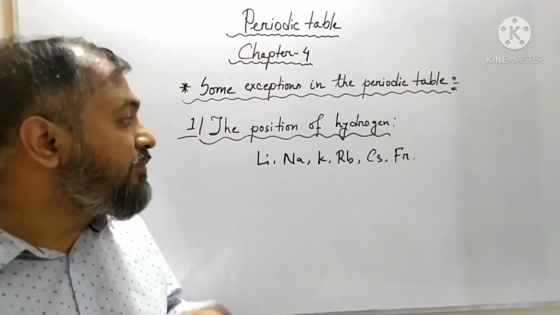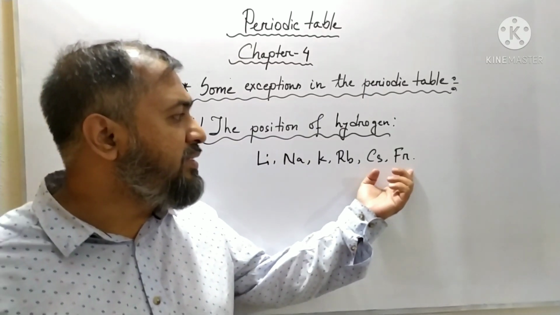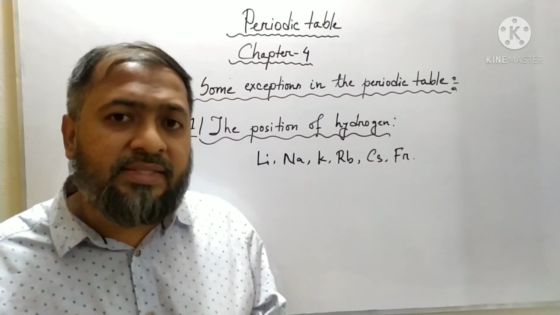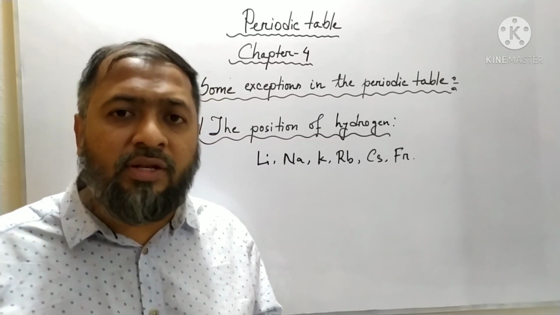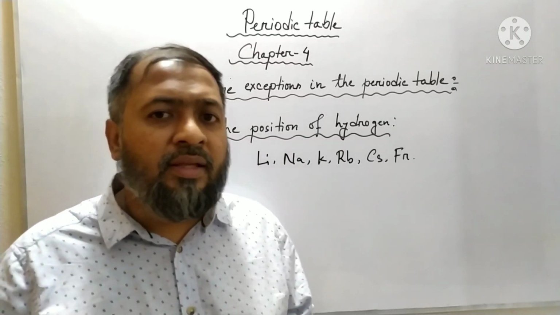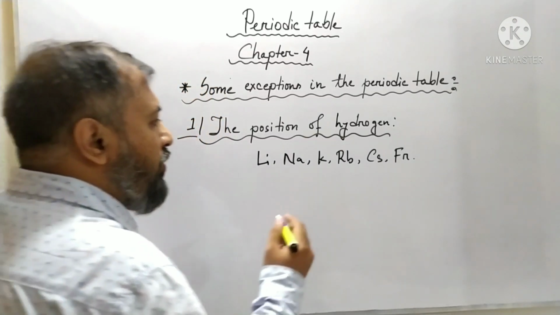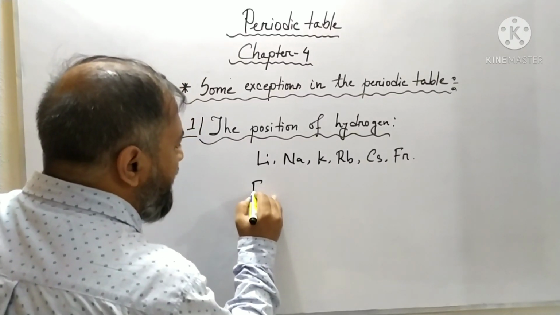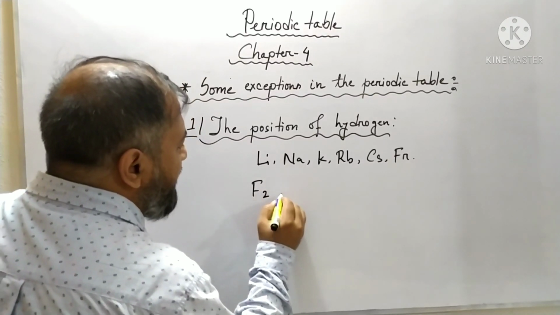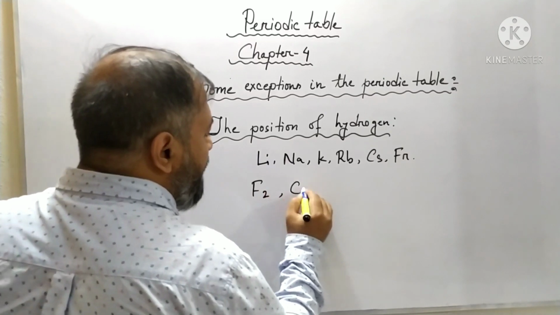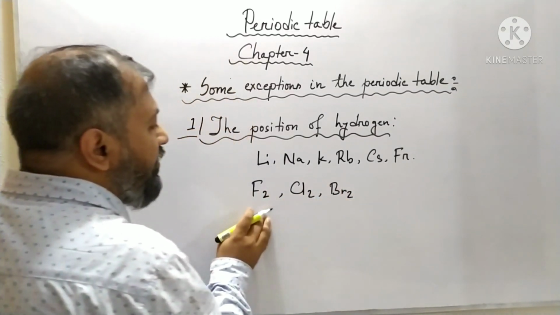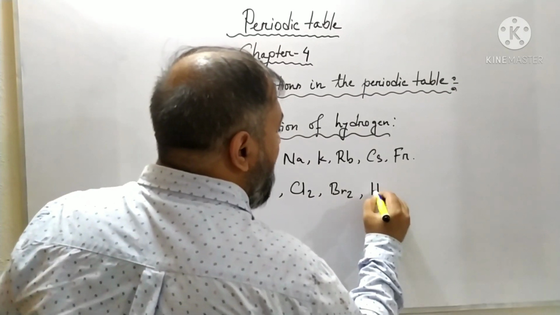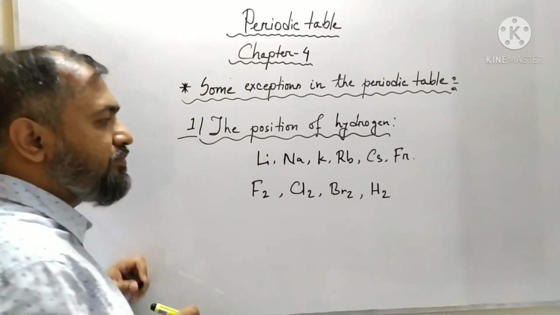Hydrogen also has some similarities with those elements, but in some cases hydrogen also acts like non-metals such as fluorine, chlorine, bromine, iodine. Like non-metals, fluorine remains as a diatomic molecule, chlorine also, bromine also. In a similar way, hydrogen also remains as a diatomic molecule.